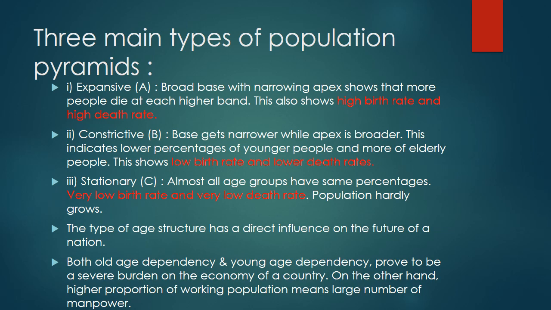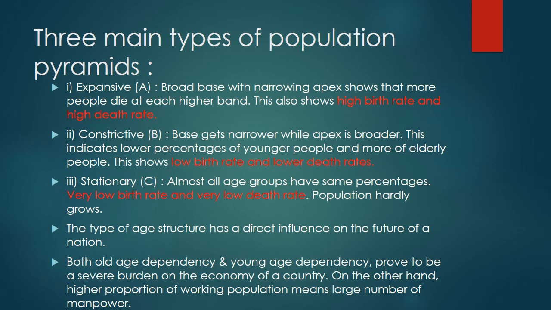So how can you identify whether it is an expansive pyramid? Whenever you see that the base is broad and the apex, the top, is narrow, meaning it looks similar to a pyramid, then you can say it is an expansive pyramid. What does it indicate? At the base is the children ratio, and at the apex is the old ratio.